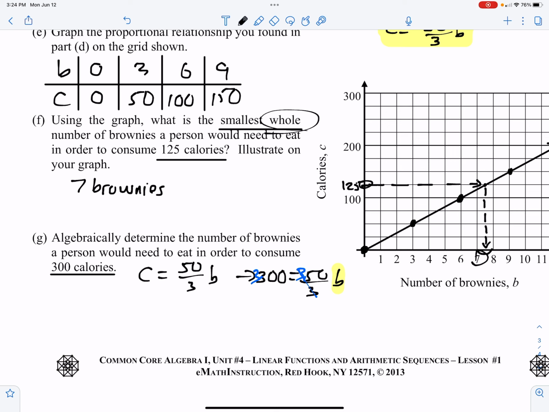And we get 3 times 300, which is 900, equals 50B. If we divide both sides by 50, we're talking 18 brownies.